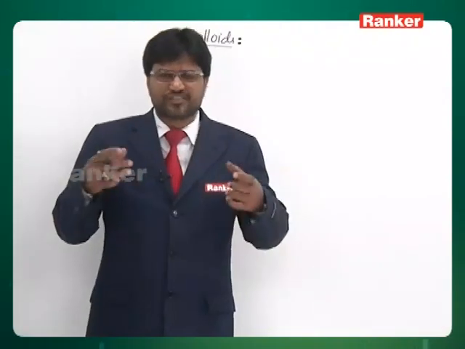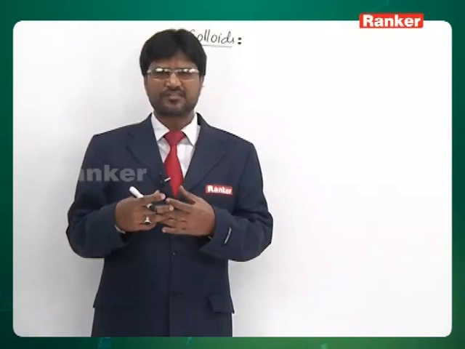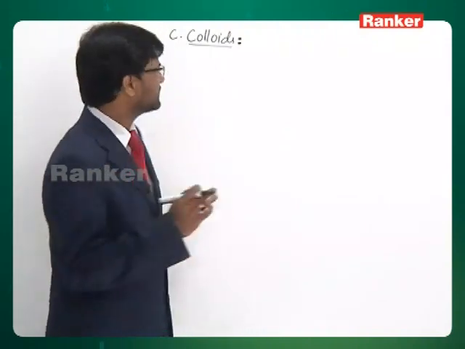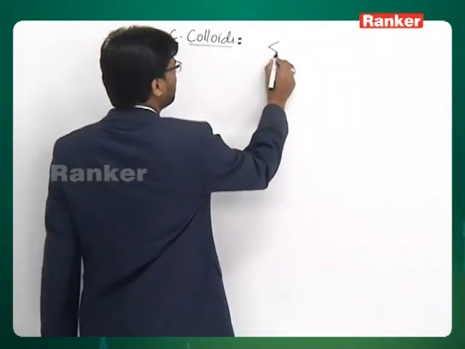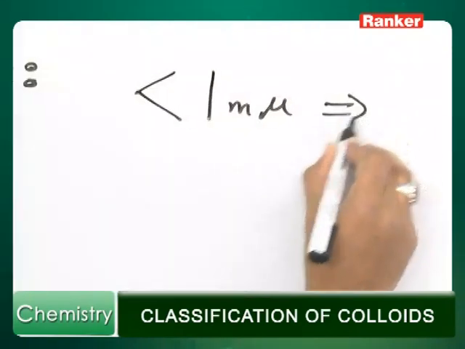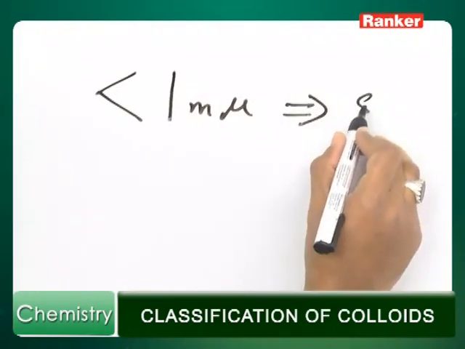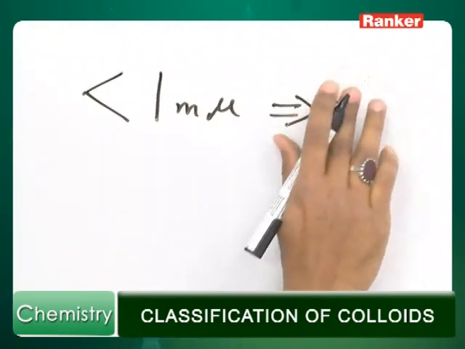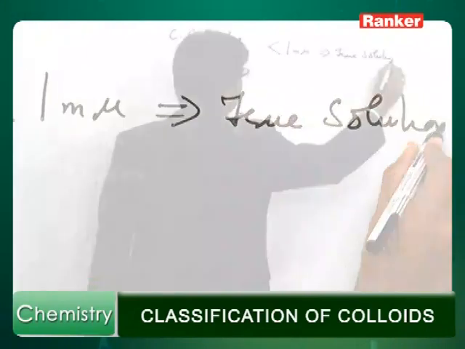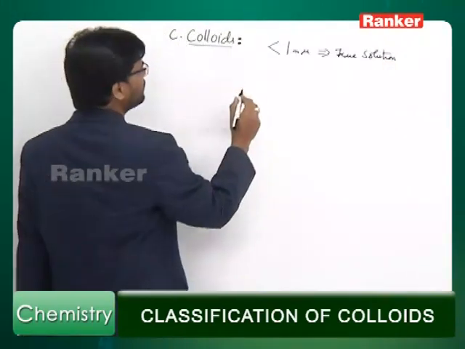See, if you mix two substances, the mixture of these two substances may be a true solution, a colloidal solution or a suspension. This classification is based on particle size. If the particle size is less than 1 millimicron, then the substance is described as true solution.